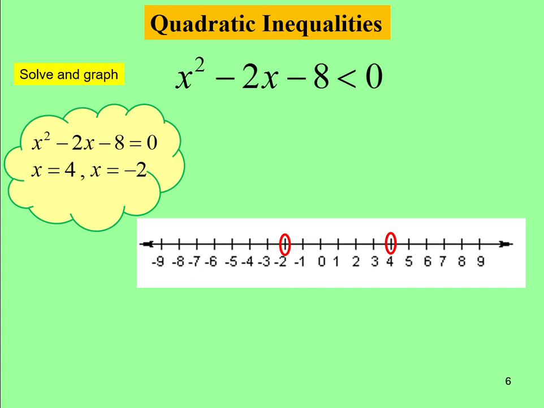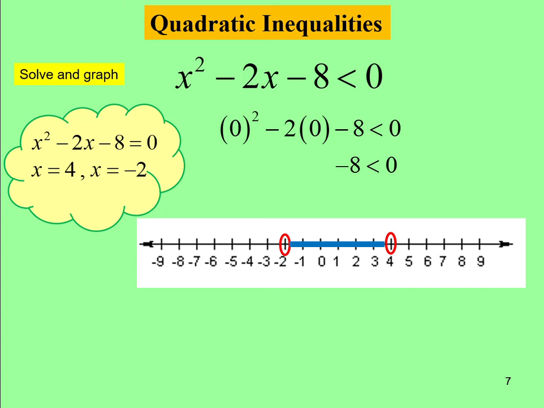So testing this region with a number like -5, we see 27 less than 0 is not true, so we do not shade to the left of -2. We test a number in the region between -2 and 4, like 0. -8 is less than 0, so we do shade that region.